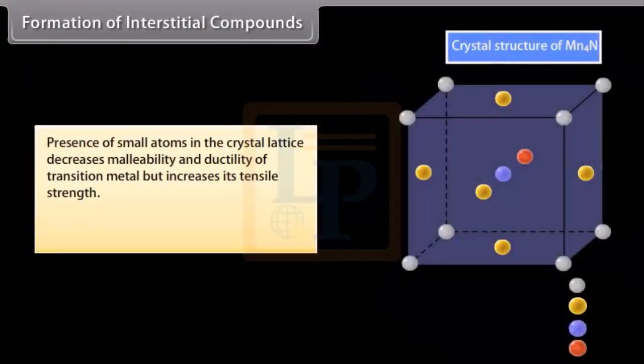Presence of small atoms in the crystal lattice decreases malleability and ductility of transition metal but increases its tensile strength. For example, cast iron and steel are hard due to the presence of trapped carbon in their interstitial spaces. They have high melting points and are chemically inert.